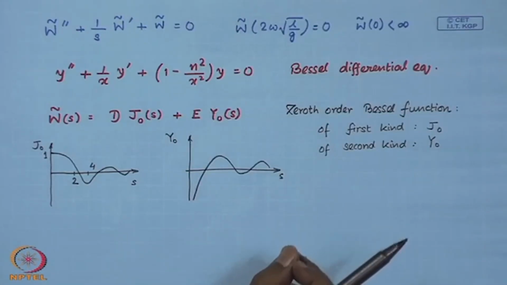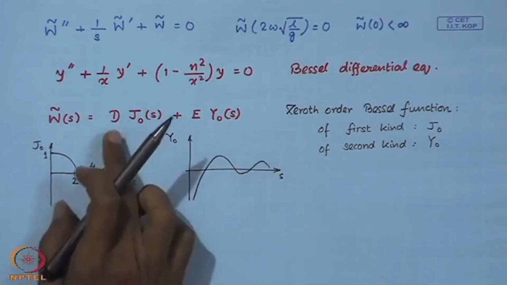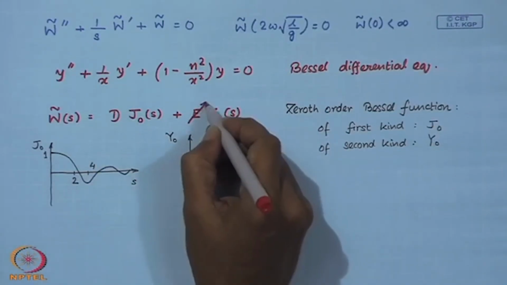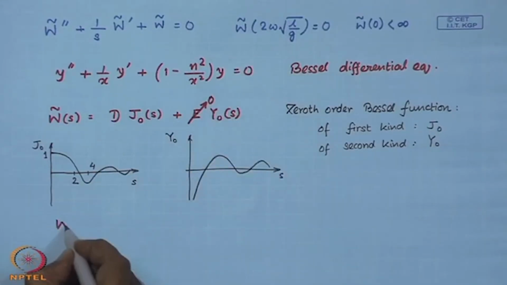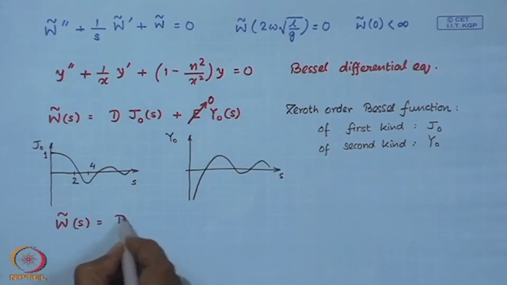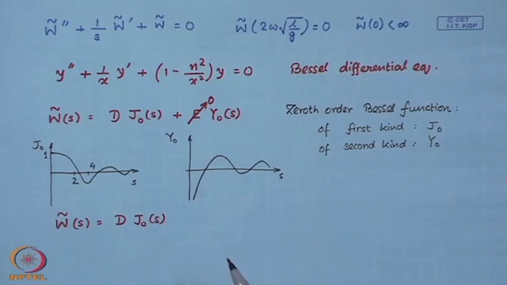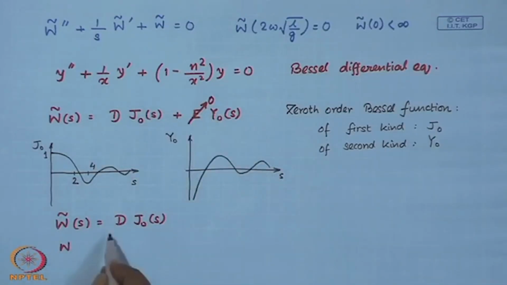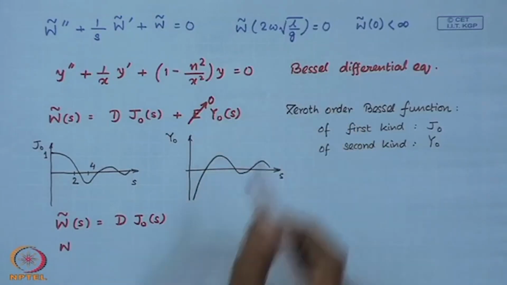So, finiteness of the solution at the free end forces us to select E as 0. So, E must be 0. So, therefore, which can be written. I can write this down in terms of my original variable x, but before I do that, let me look at the boundary condition.